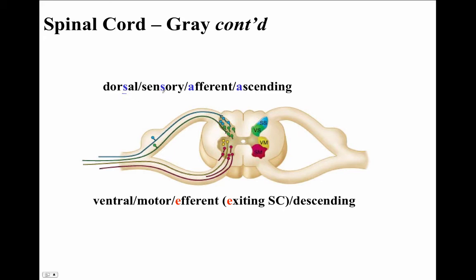Here we can see a little bit more colorful model where, as I noted before, if we see dorsal, the S is sensory, which is afferent or ascending. If we're not sensory, we're left with motor. Within the sensory portion, we have somatosensory, or body, and we also have visceral sensory, or organs, the sensation of our organs.